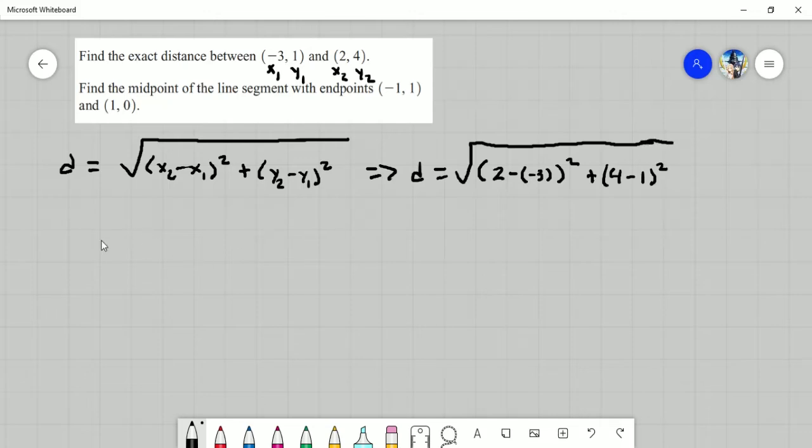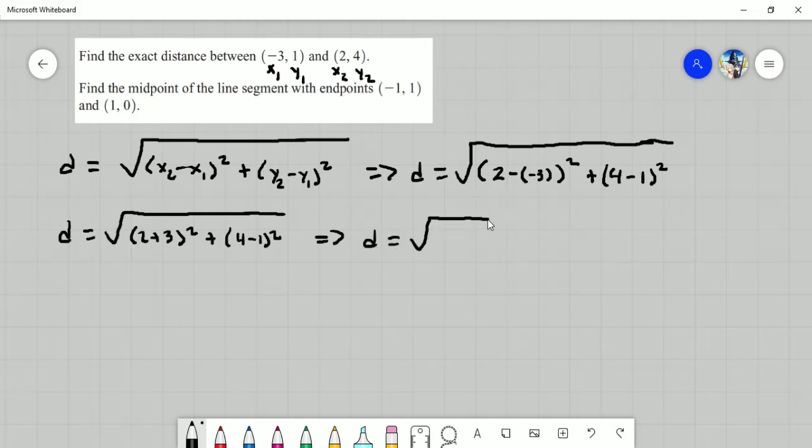And now I just evaluate. 2 minus a negative 3 is 2 plus 3 squared, plus, and I'm going to keep the 4 minus 1 squared. Now I can evaluate inside the parentheses. 2 plus 3 is 5 squared.